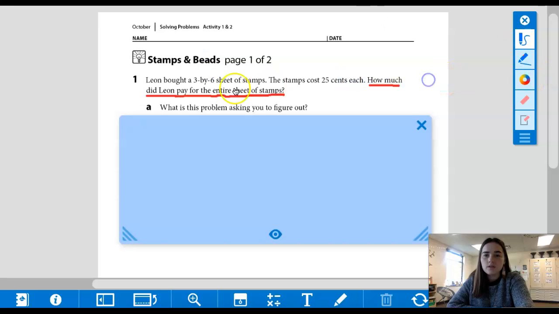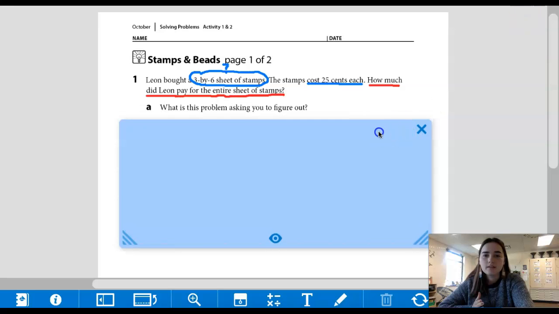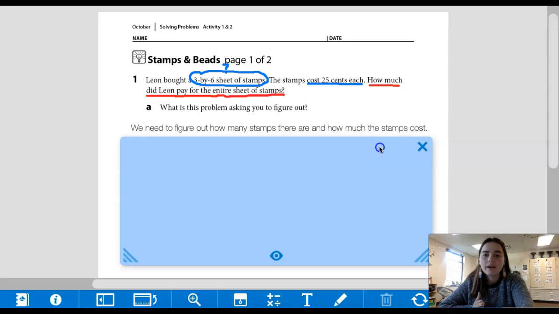So we need to figure out what a 3x6 sheet of stamps means, how many stamps are in a 3x6 sheet, and how much he paid for all of those, if each stamp costs 25 cents. So to answer question A, we need to figure out how many stamps there are and how much the stamps cost.